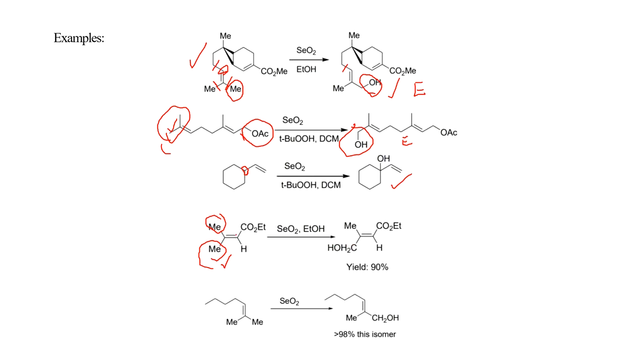If this other methyl group is oxidized, then the Z product will be obtained, but E product is more stable, and hence this methyl group gets oxidized to corresponding alcohol, and so this E alcohol is obtained.